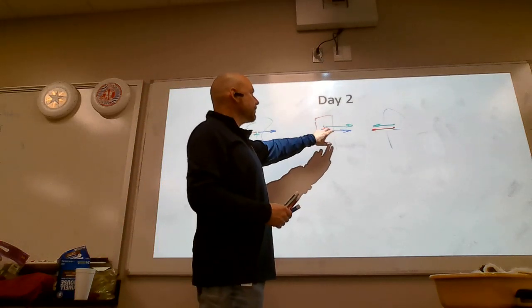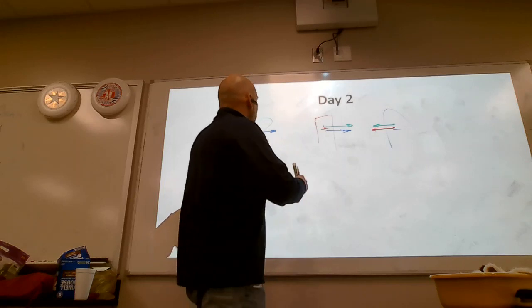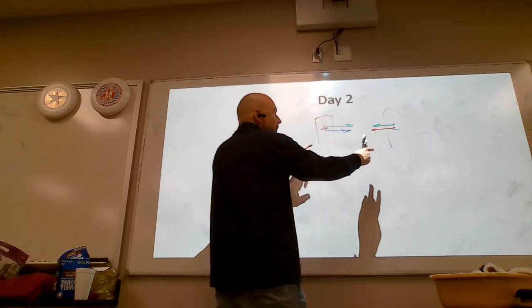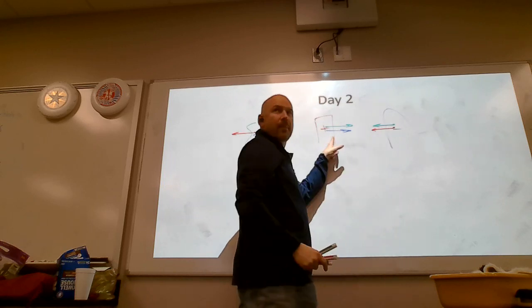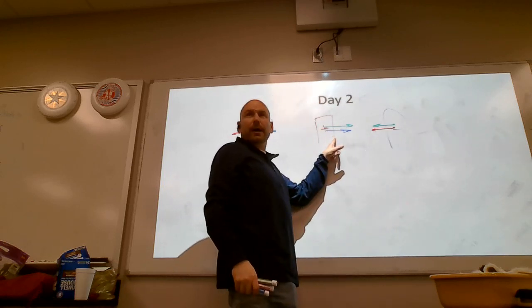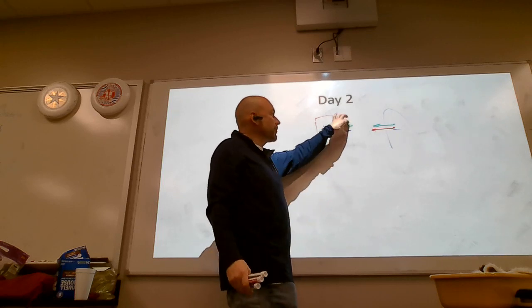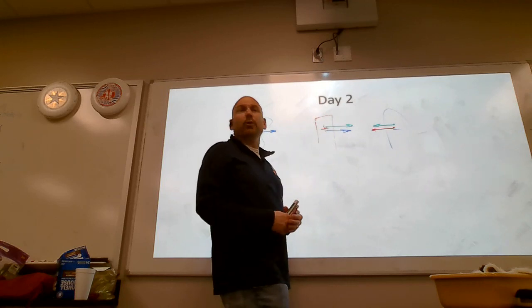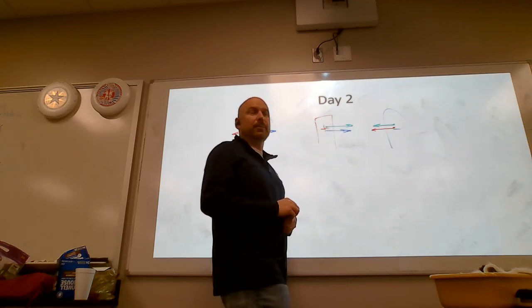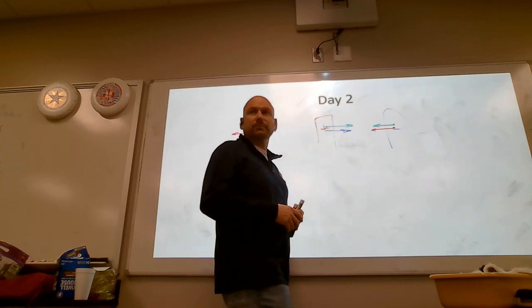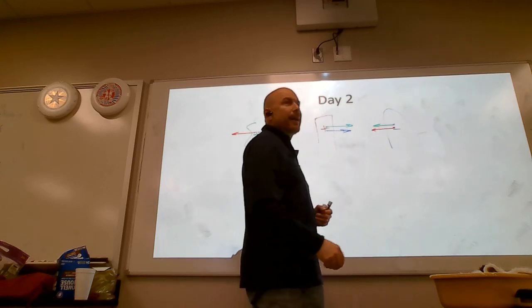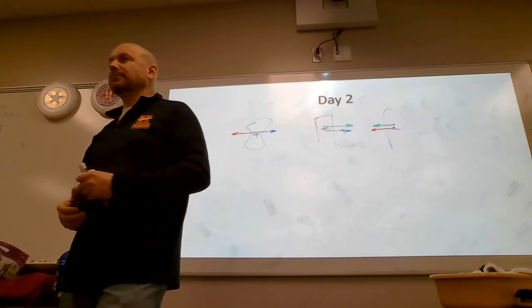Case in point, the strip is being repelled by the peanut, but being attracted to the rod. I don't care if it's attraction or repulsion. What I care about is both are being forced to the right. Therefore, I'm going to add those two together because they're both being forced in the same direction. Here, they're both going to the left, so I'm going to add both of those together.